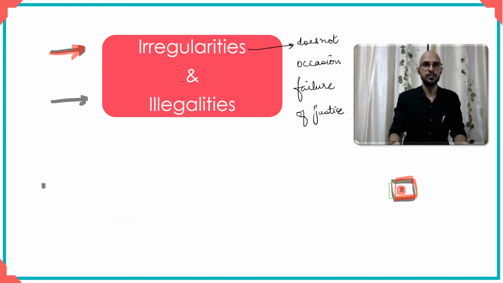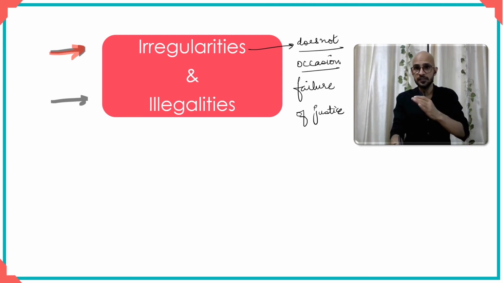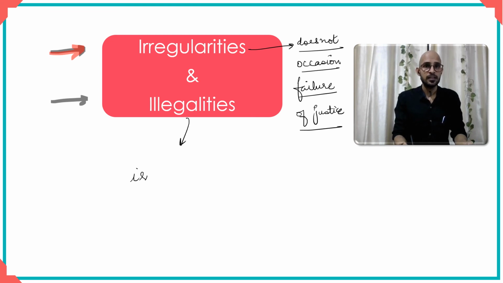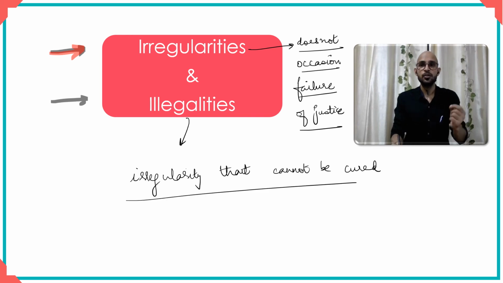So we know that an irregularity is a deviation that does not result in the failure of justice, does not result in the miscarriage of justice, and an illegality is an irregularity that cannot be cured. In other words, an incurable irregularity is an illegality.